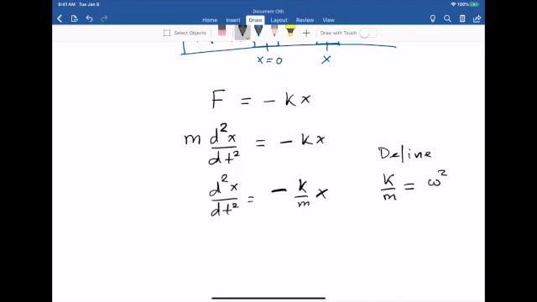Now k over m is a positive quantity, so I can give it any name I want. So I'm just calling it the square of some constant omega. So let's plug that in, and we get d2x dt2, and if I move everything to the left side, plus omega squared x is equal to 0. This is what we are getting from applying Newton's second law to this situation.